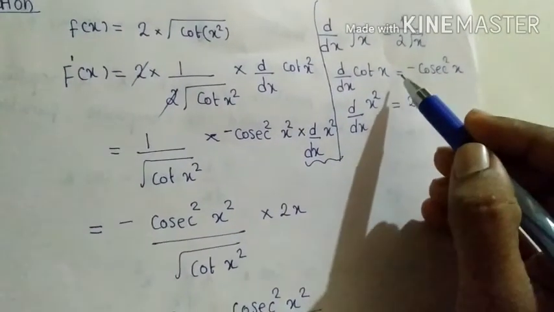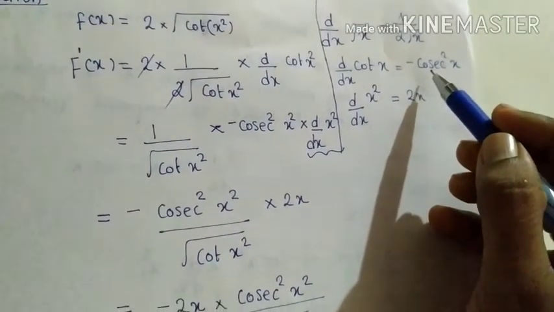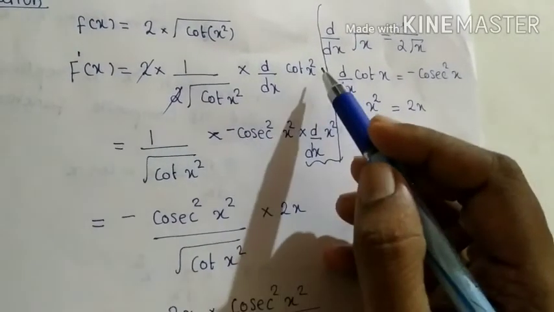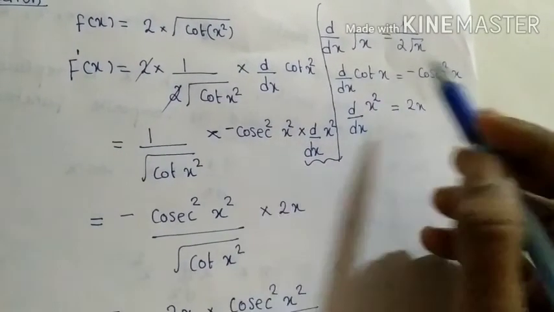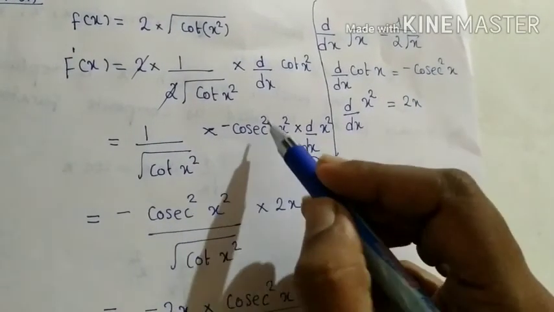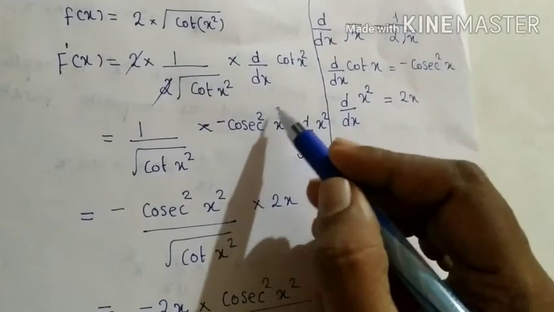Okay, and we know that the derivative of cot x is minus cosec square x. But here we need to find the derivative of cot x square, and this x is replaced by x square. Then we write minus cosec square x square. This is our next function is x square.